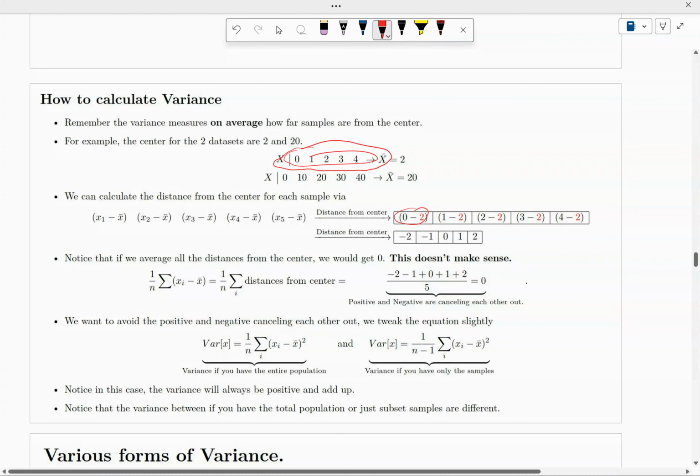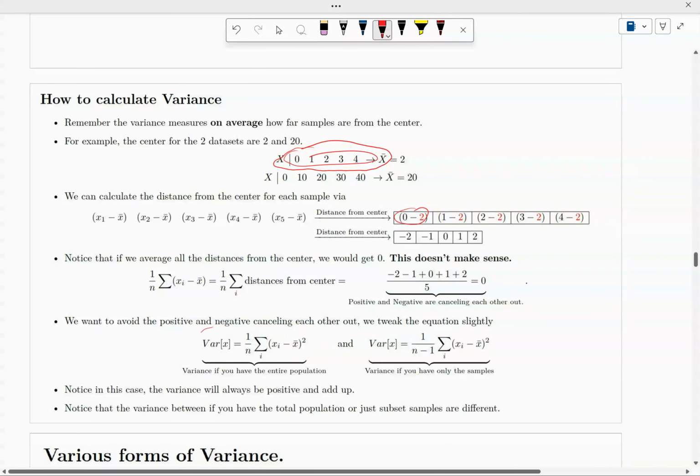So for variance, what mathematicians decided to do is to just always square the distance. So over here, you find the distance from the center, then you square it, and then you average that. That is the equation for variance. Okay, so it's not the average distance from the center, it's the average squared distance from the center.